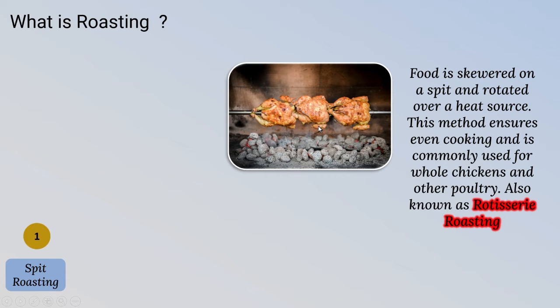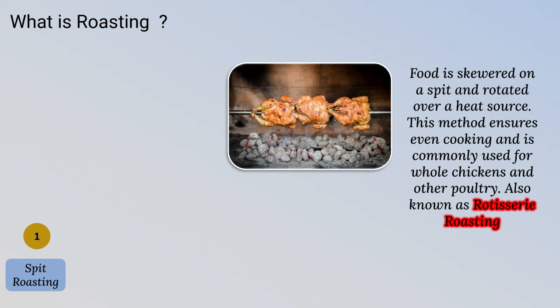This skewer is rotated in a circular way, slowly. So every side of the meat or the item to be roasted gets evenly roasted from all sides. This method ensures even cooking, as I have mentioned, and is commonly used for whole chicken and other poultry parts. It is also known as rotisserie roasting. Clear?